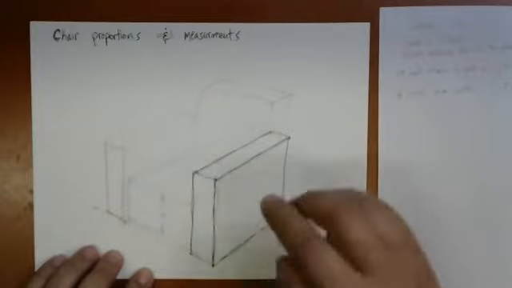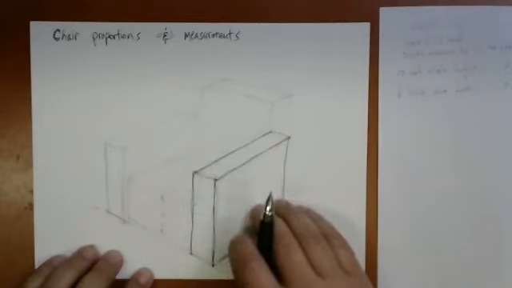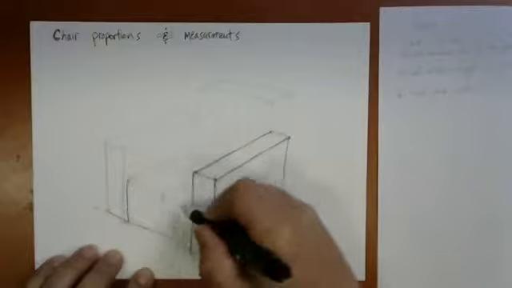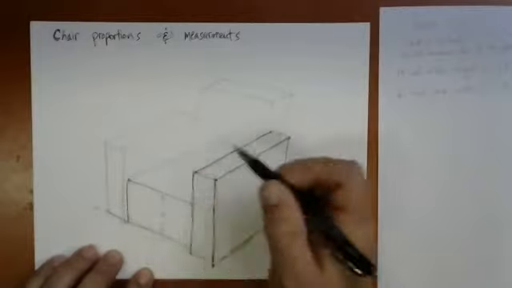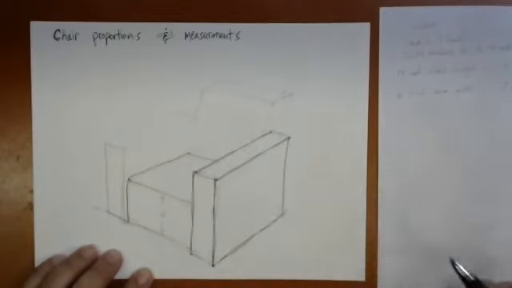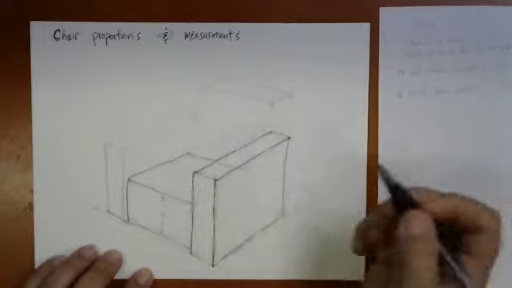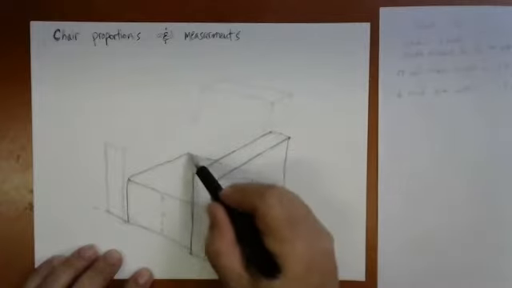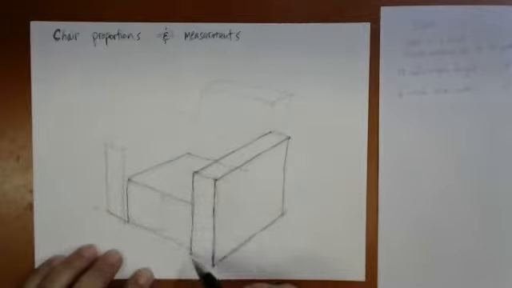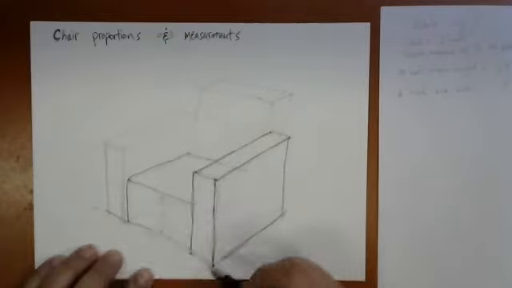And we can start by getting one object nailed down here. For me, it just happened to be the arm of this chair. But I'm just going to throw this other stuff in here pretty fast. We've got a seat element in here, and I can't see part of it because the arm is in the way. But if I was to extend this over here, I would extend it on that line, and that line is parallel to all of these other lines running out 30 degrees in this direction.